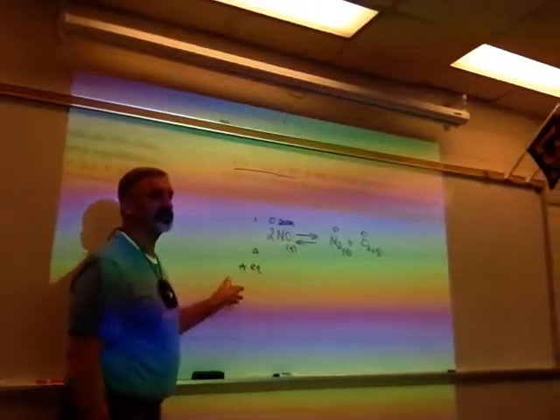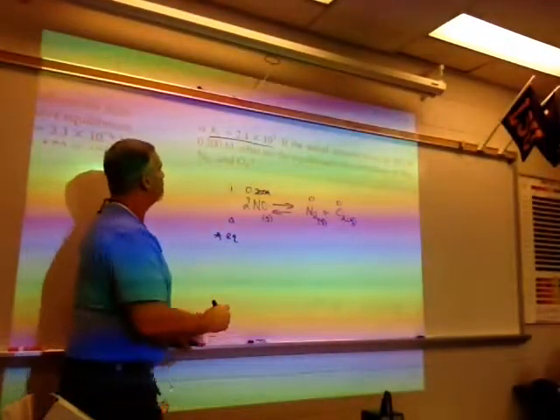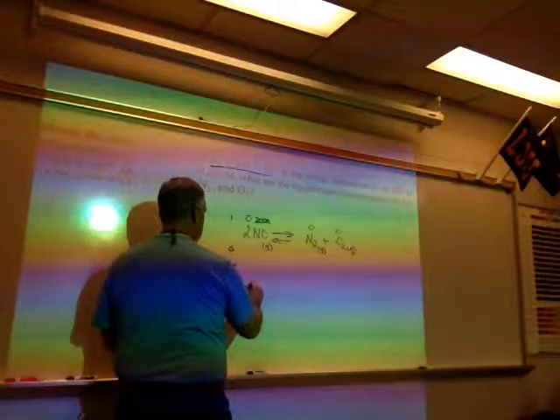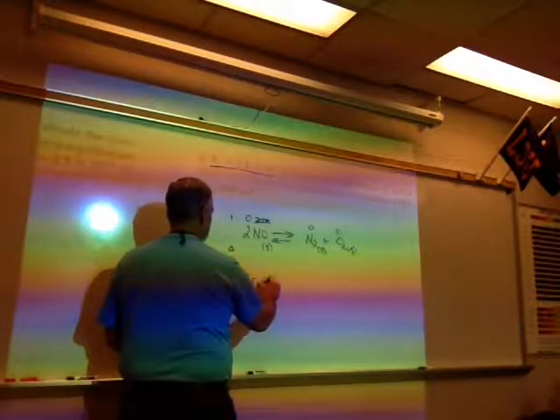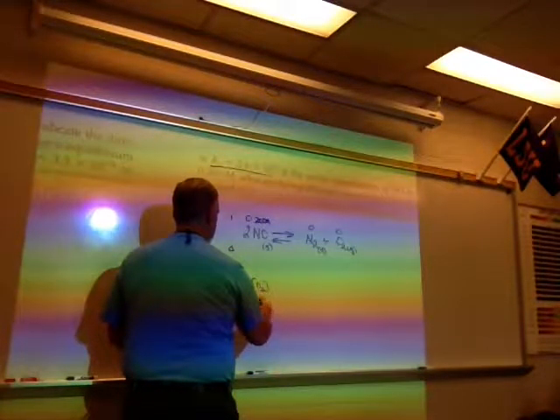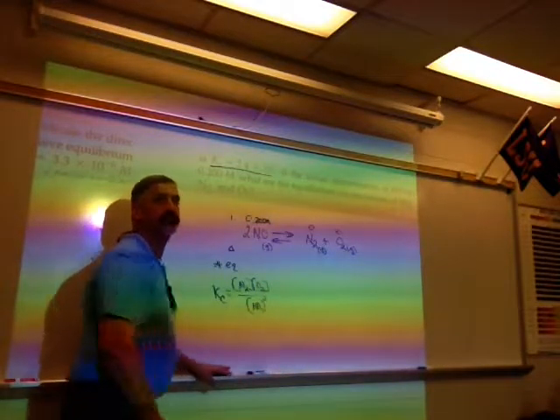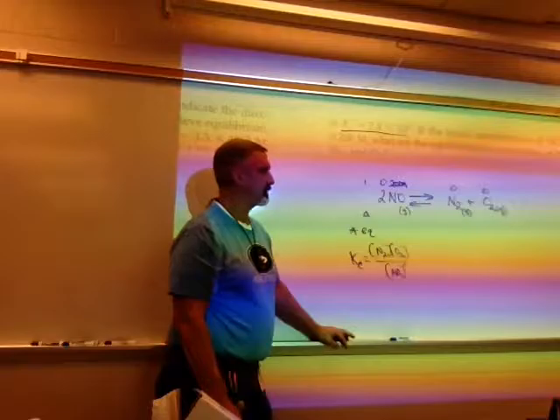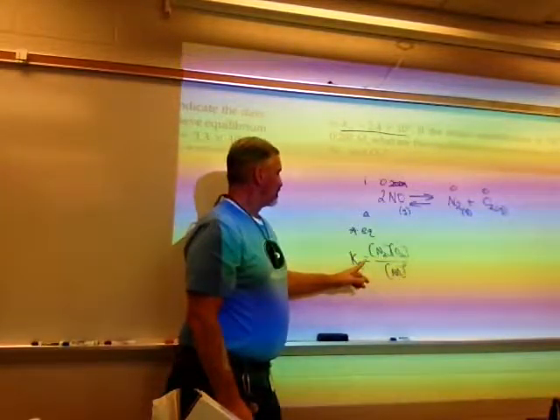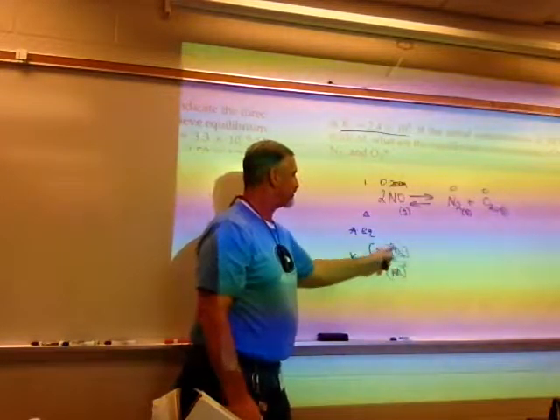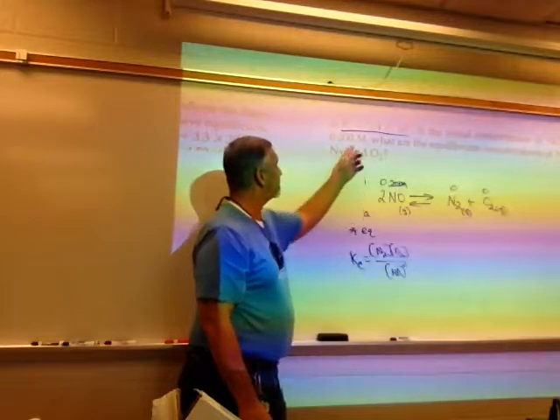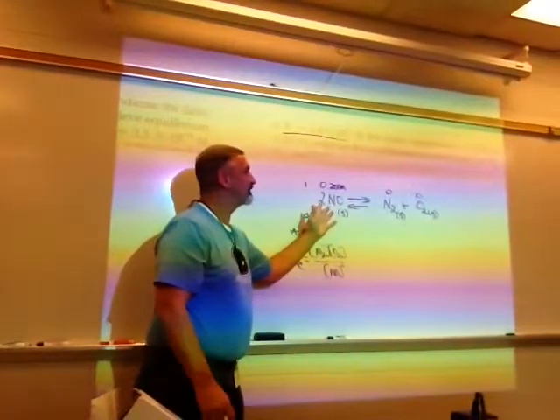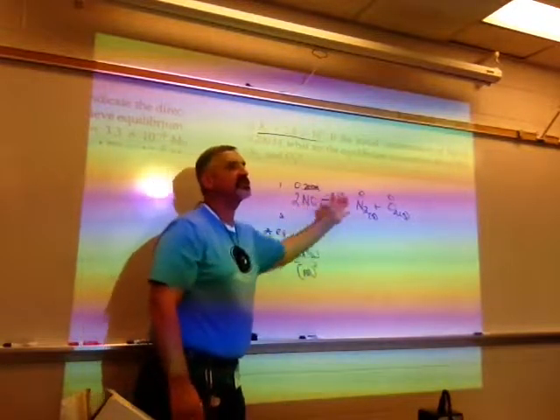Well, I know that Kc is equal to N2 times O2 all over NO squared. So I need these concentrations somehow. The question is, how much is going to go to the right?